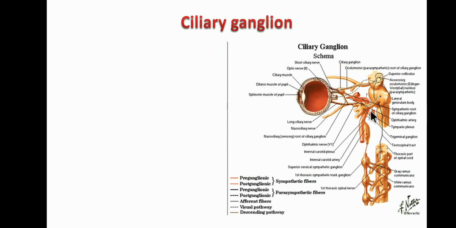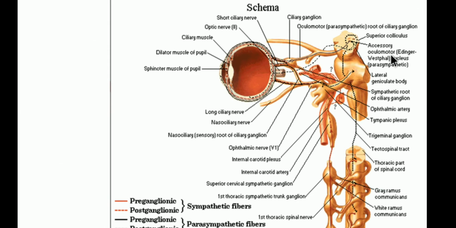So mainly the parasympathetic root, here you are able to see it arises from the Edinger-Westphal nucleus. The accessory nucleus, the Edinger-Westphal nucleus, the fibers arise and pass successively through the oculomotor nerve. Then when the oculomotor nerve divides into superior and inferior ramus, it passes via the inferior ramus.